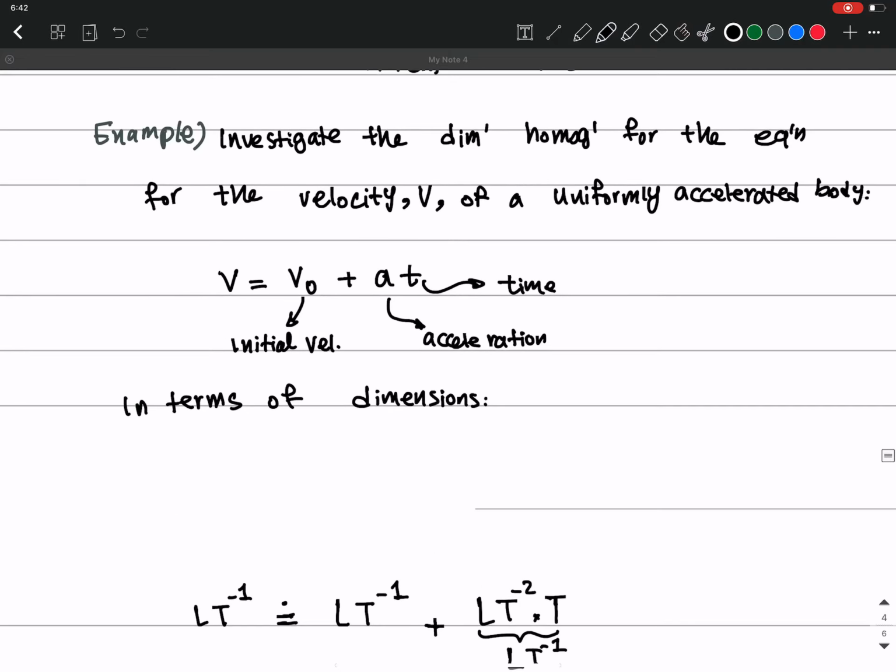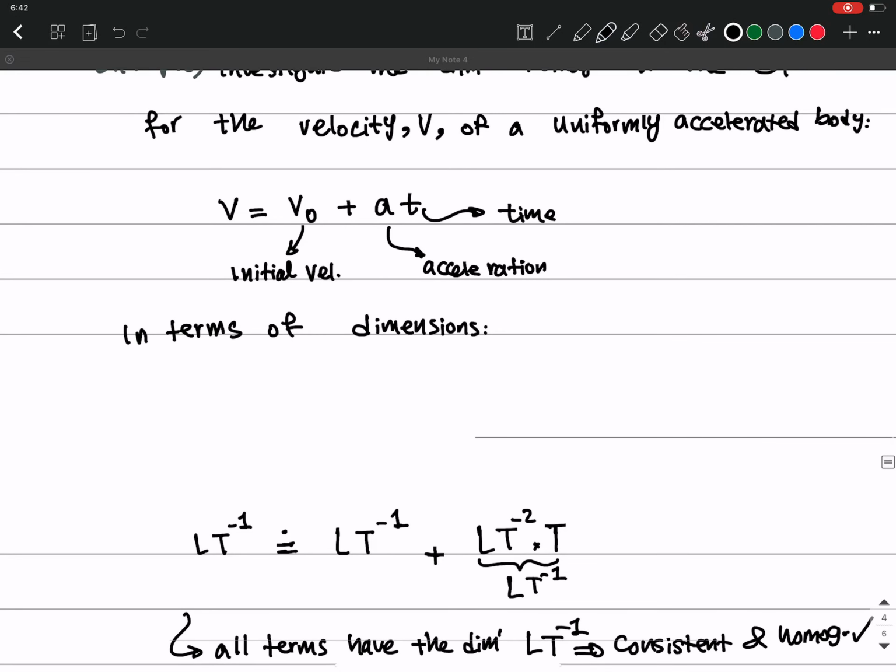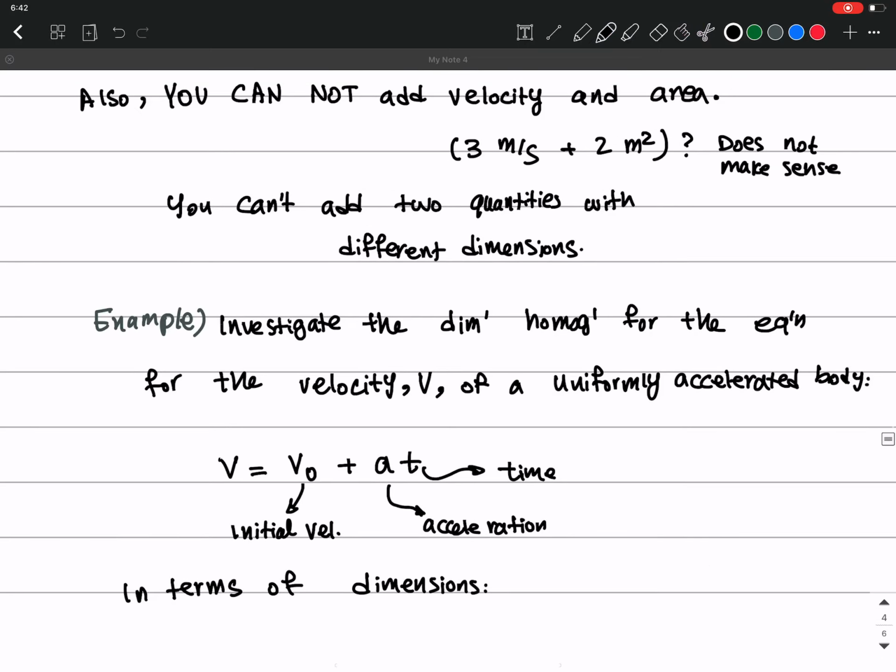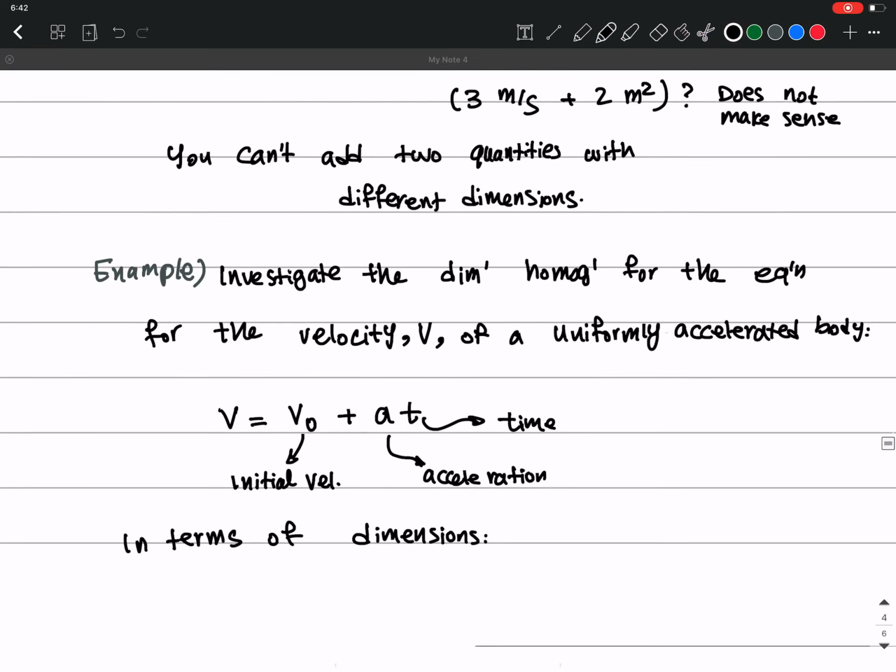Okay? So this was a simple example just to let you know, so you understand how the dimensional homogeneity is applied in equations.